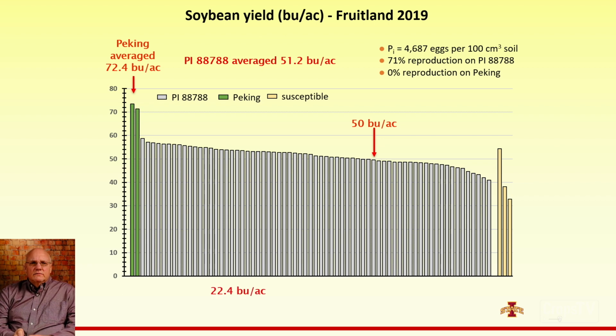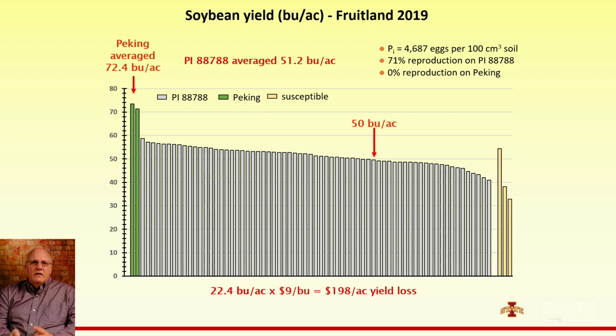And so I did a crude calculation, and if the farmer obtained 50 bushels per acre in the 25 acres around us instead of 72 bushels per acre, that's a 22.4 bushel per acre yield difference. Soybeans were worth $9 a bushel back then.